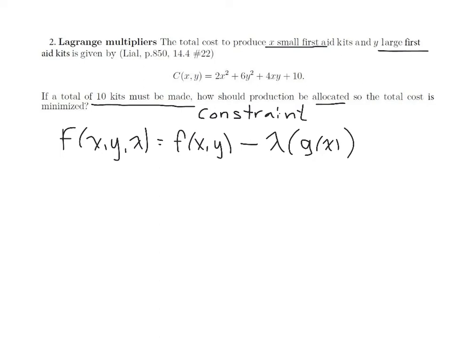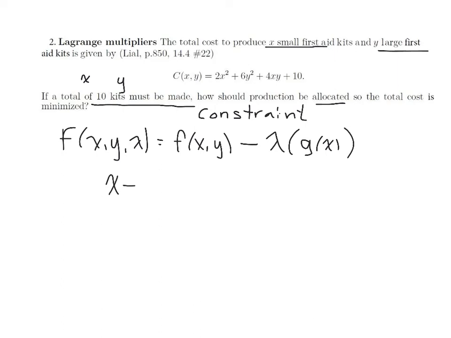So we're going to substitute the function that we have, and we're going to consider the constraint. So this idea that 10 kits must be made, we have small kits being represented by x, large kits being represented by y.